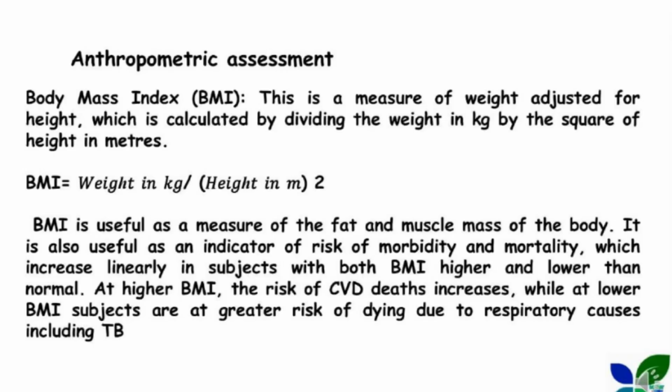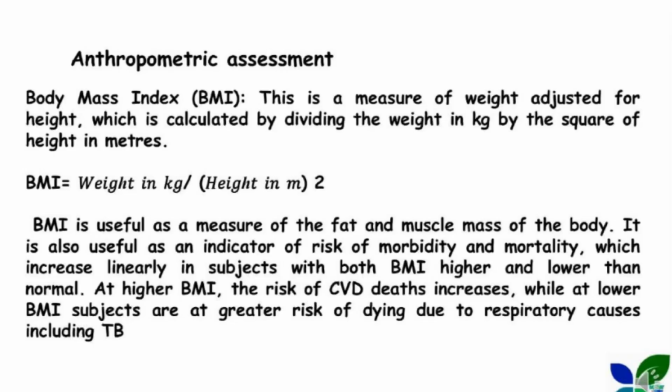Anthropometric assessment. Body mass index. This is a measure of weight adjusted for height, which is calculated by dividing the weight in kg by the square of height in meters. BMI is useful as a measure of the fat and muscle mass of the body. It is also useful as an indicator of risk of morbidity and mortality.